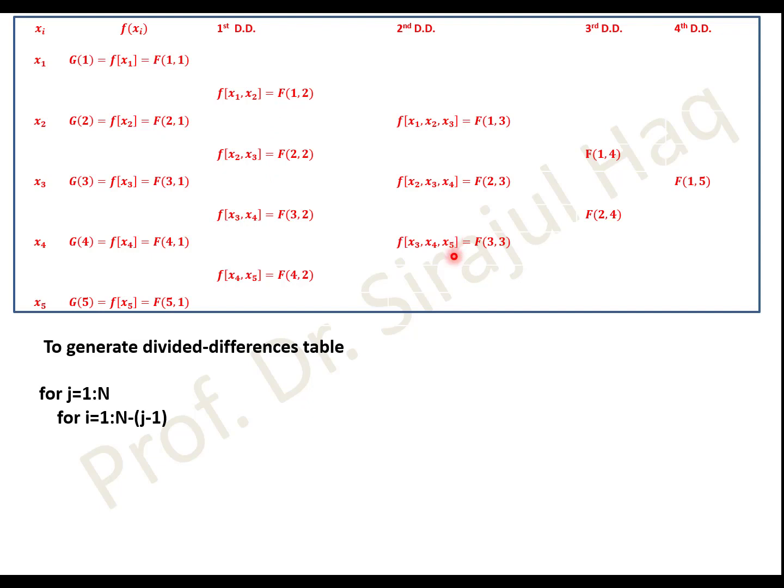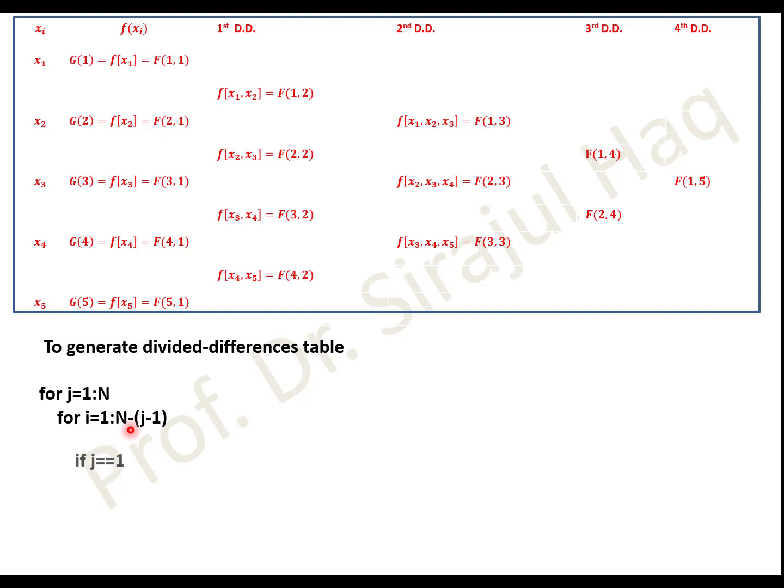When j is equal to 3, 3 minus 1 is 2, n minus 2, 5 minus 2 is 3, and you can see there are 3 rows. When j is equal to 4, 4 minus 1 is 3, 5 minus 3 is 2, and there are 2 rows. And similarly, when j is equal to 5, 5 minus 1 is 4, 5 minus 4 is 1, so there is just a single row. That's the reason I have written i in this form.